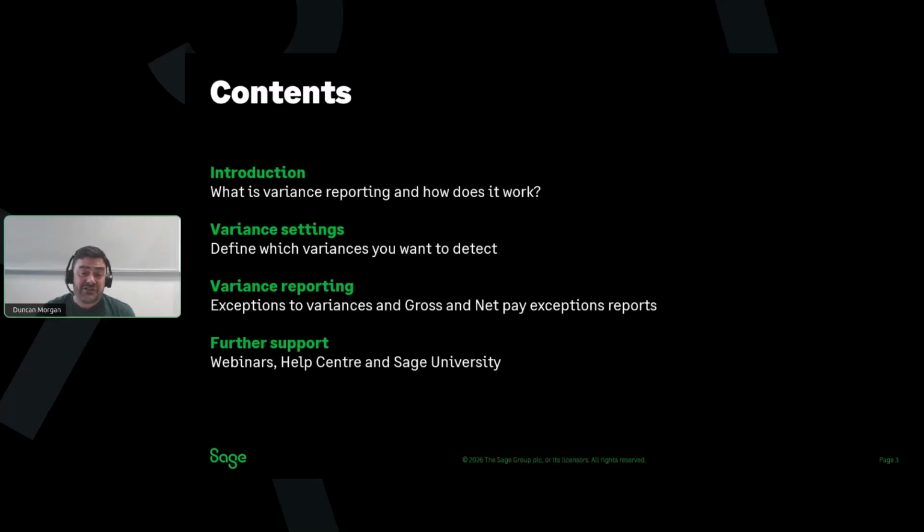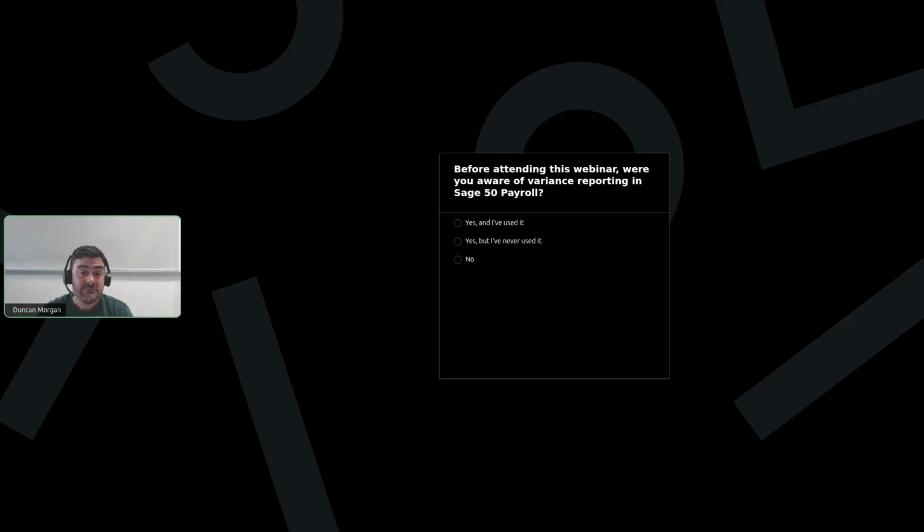Now, before we get into the introduction, we are going to run a quick poll on screen for you. So if you would like to join in, the question is on screen now. And we're just interested to know, before attending this webinar, were you aware of variance reporting in Sage 50 Payroll? So 3 answers to choose from. Yes, and I've used it.